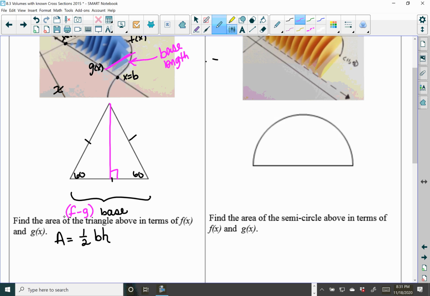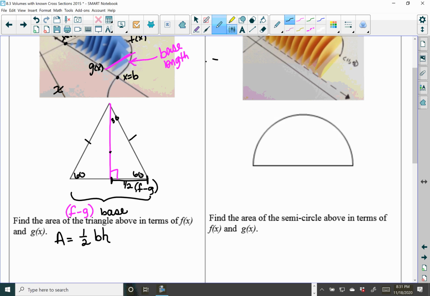Now, if you recall, this is going to put us into a 30-60 right triangle so that I can calculate out what the height is. And this distance right here, from this point to this point, is 1/2 of f minus g, isn't it?